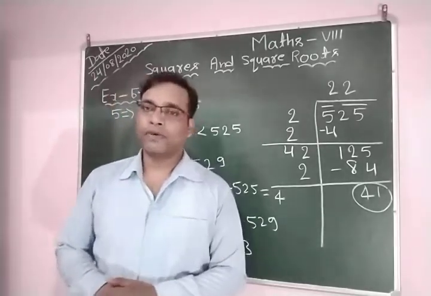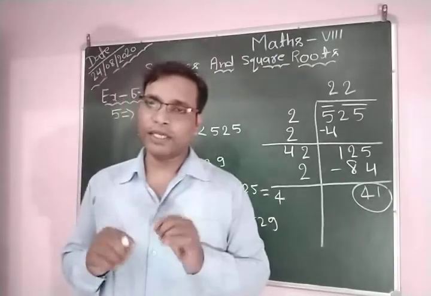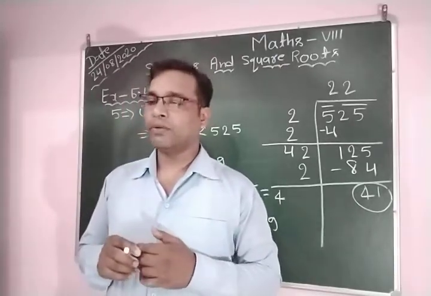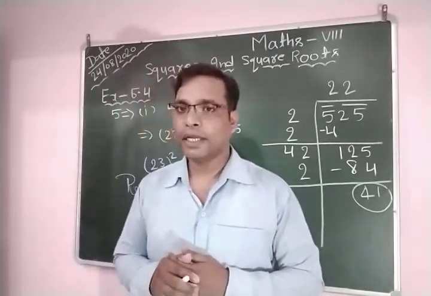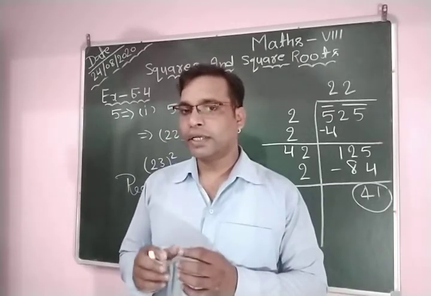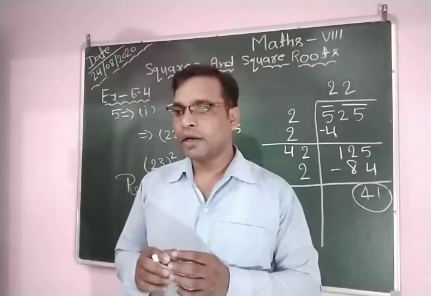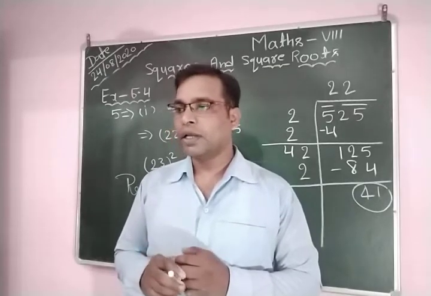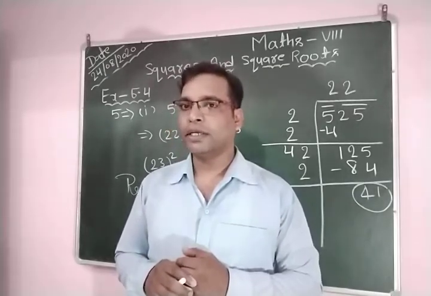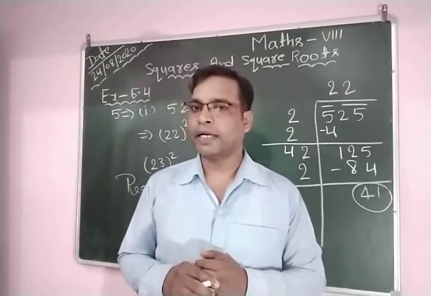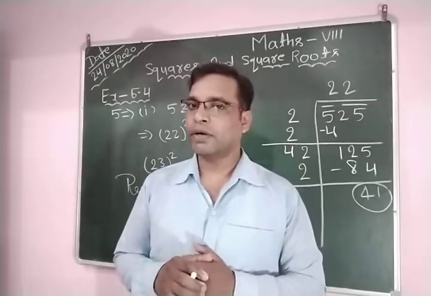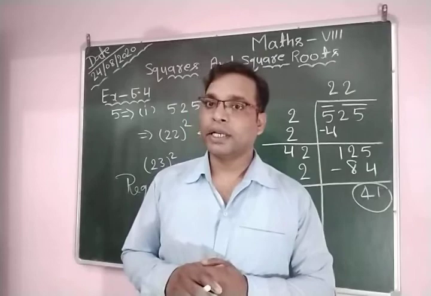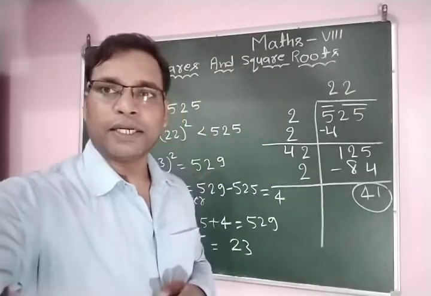Clear? So for this, first we find the square root of 1750. After this we take which square is near or equal to 1750. So for this we find the square root by long division method. Let's see how to find this.